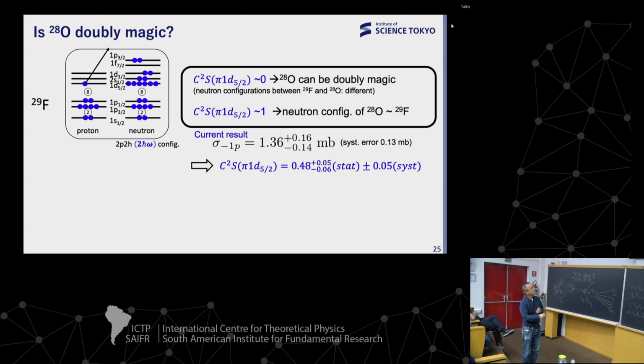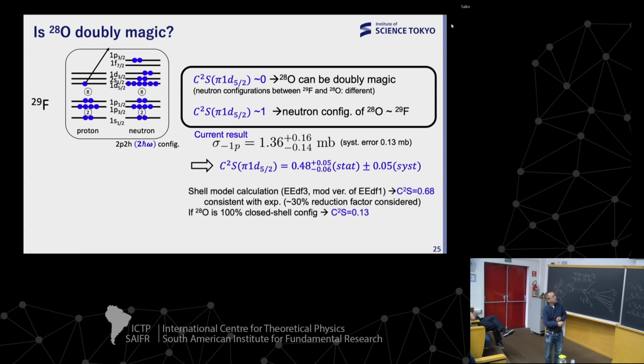And the result was we extracted a cross-section of 1.36 millibarns, and we extracted the spectroscopic factor, which was 0.48. Compared with the theories, the shell model calculations, EDF3, large-scale shell model, predicted C²S equal to 0.68. So this large-scale shell model actually predicts oxygen-28 is not doubly magic.